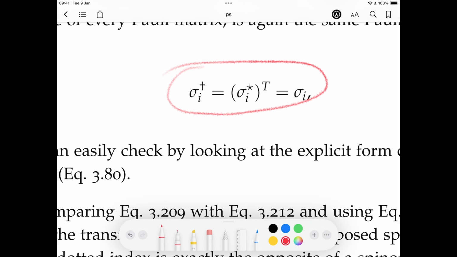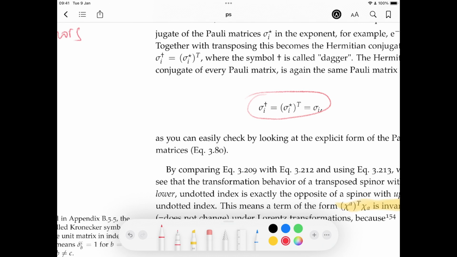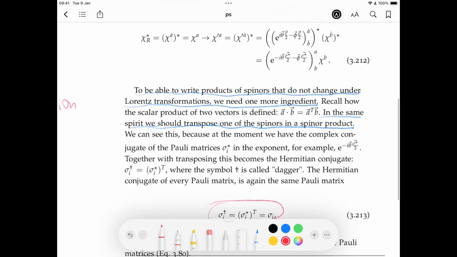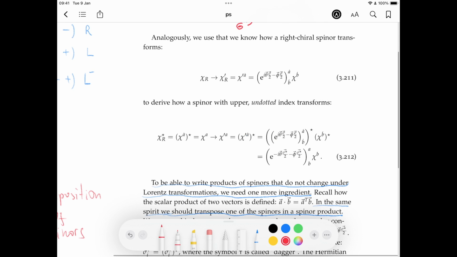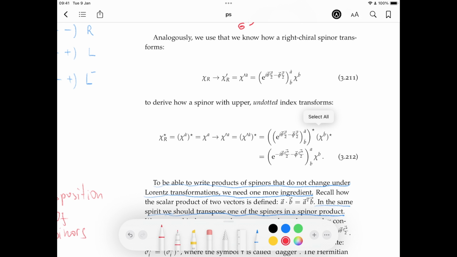Yeah, and that's why he is waiting a little bit to combine everything into a nice looking formula. So I guess he just derives the similar stuff, but for the right chiral spinor. In this case, we know that right chiral spinors have a dotted index, and the transformations will also have two dotted indices, because a right chiral spinor should transform into a right chiral spinor.